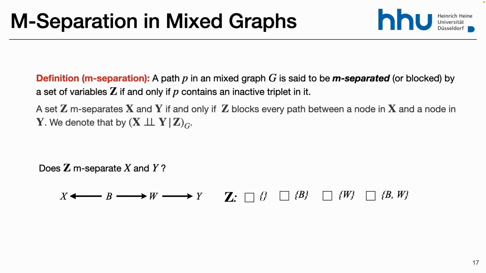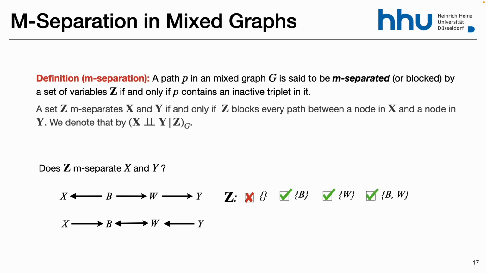If we condition on the empty set, this path is unblocked. There are two triplets, and these two triplets are open or active given the empty set. So this whole thing is not m-separated. With B, it works. With W, it works. If both, it works even more.